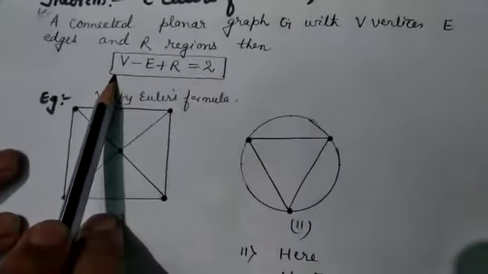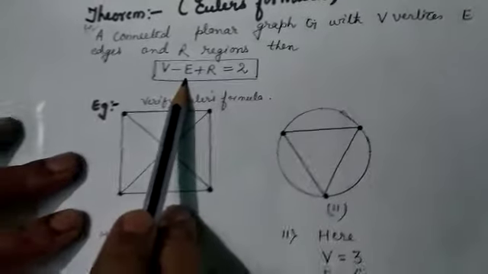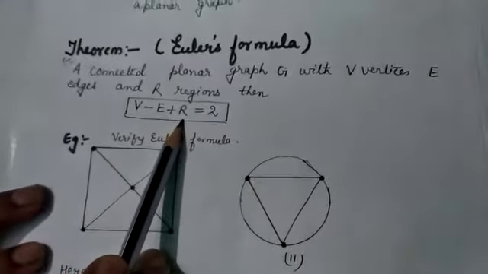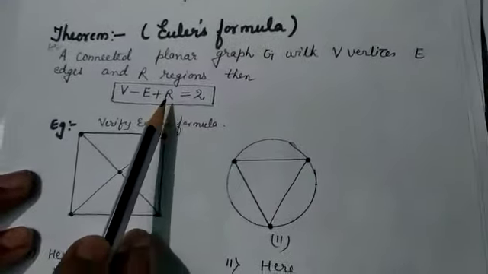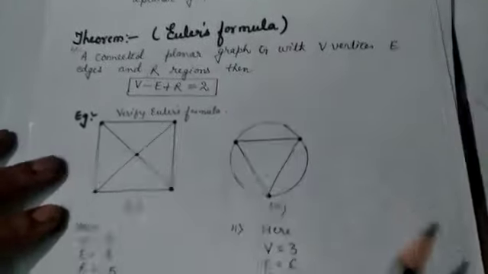V is the vertices, E the number of edges, and R the number of regions. So V minus E plus R is equal to 2. This is known as Euler's formula.